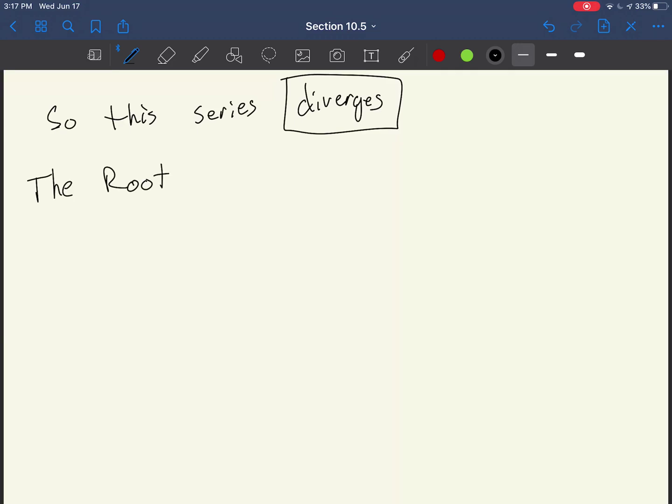So we talked about the ratio test. Let's go ahead and talk about the root test. The root test is very similar to the ratio test.